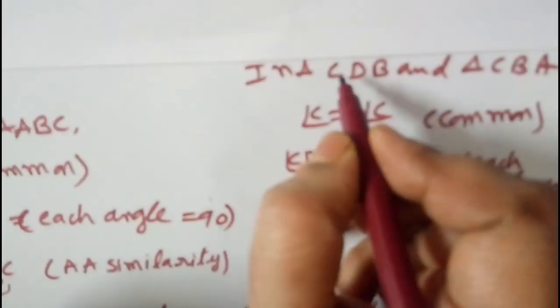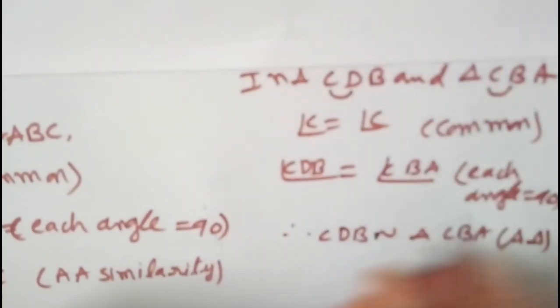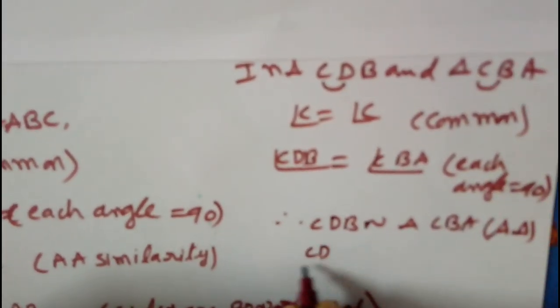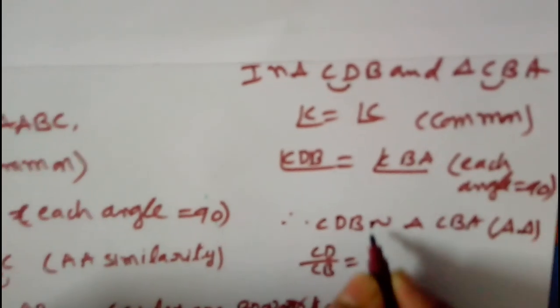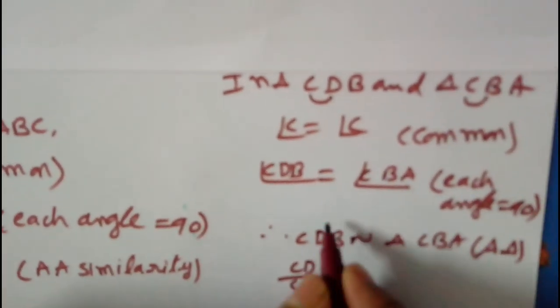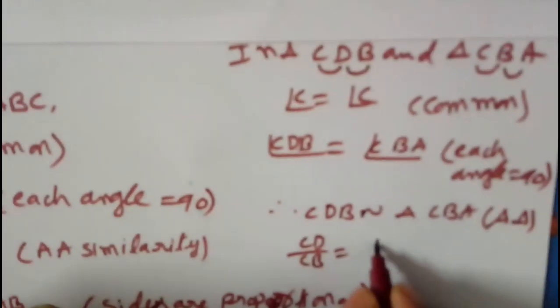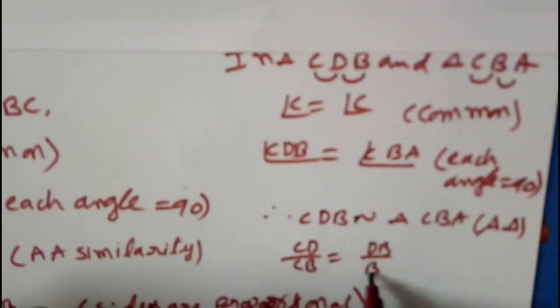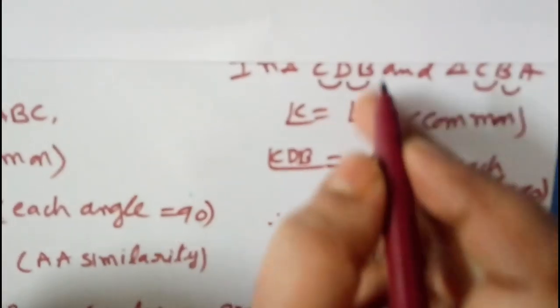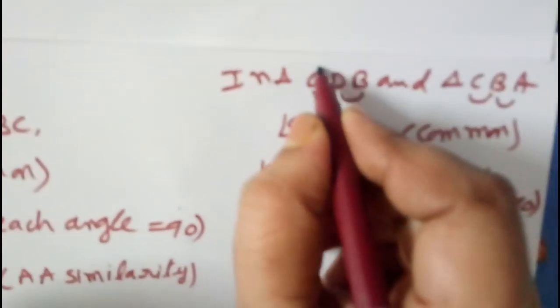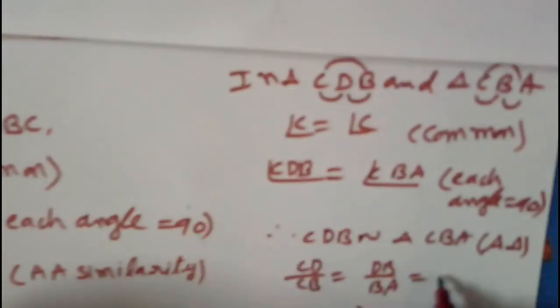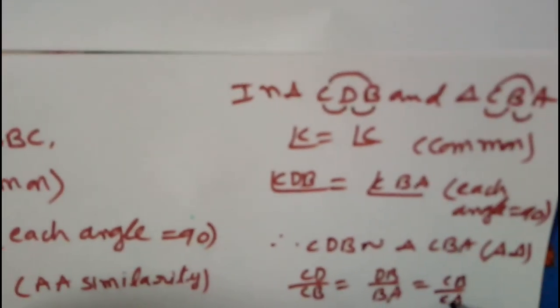Then CD by CB is equal to DB by BA is equal to CB by CA. Here we have to take BC square. So when will we get BC square?